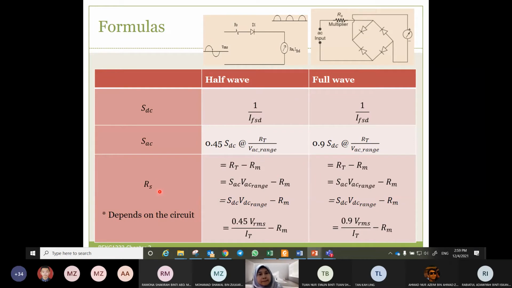How about RS? RS is equal to R total minus RM. RS can be calculated as S, so R total is equal to S multiply with V range. If you use AC, so SAC, VAC as well. If you use SDC, so VDC.